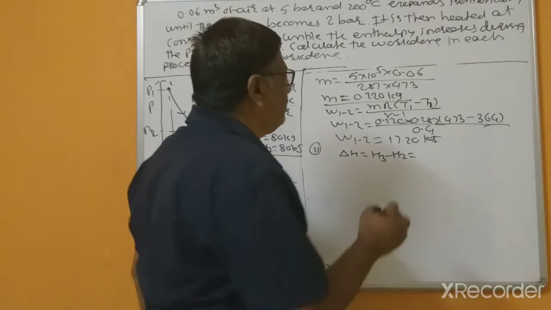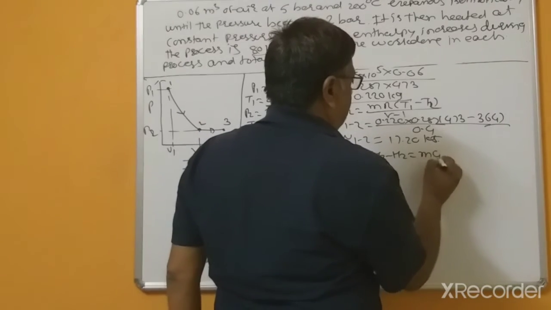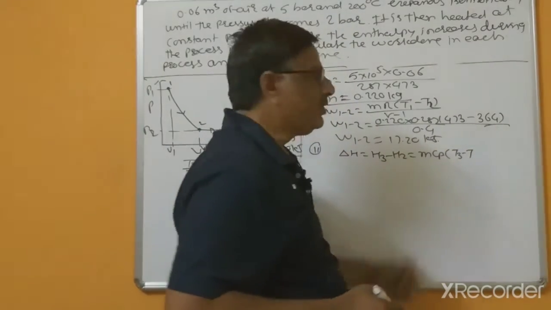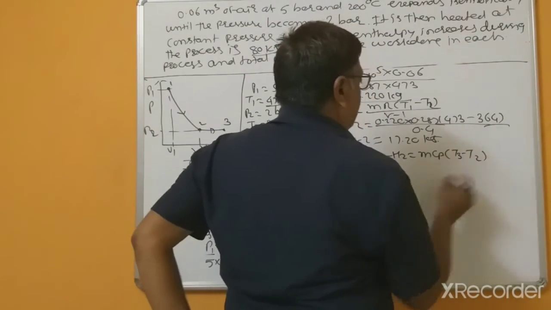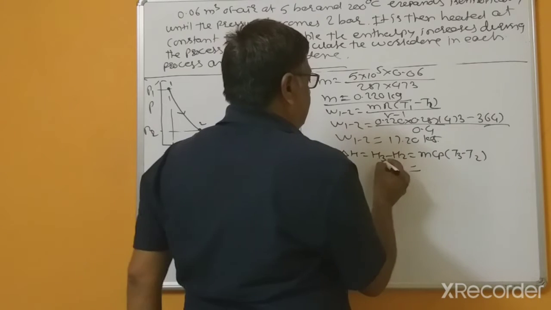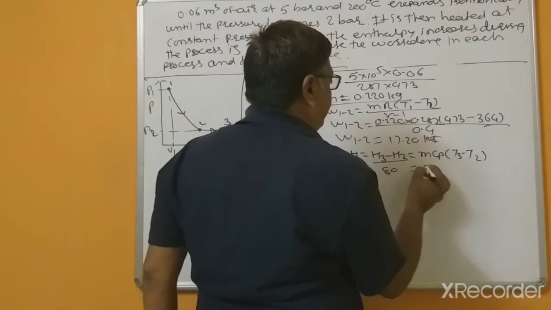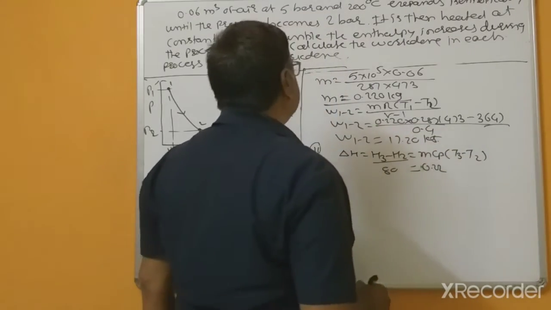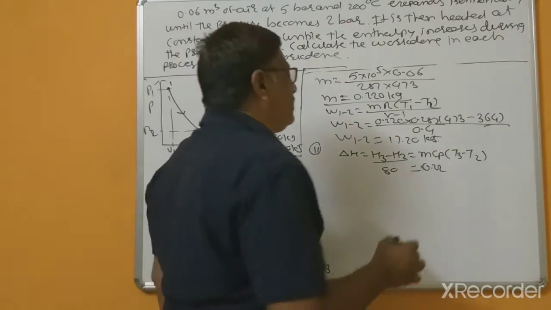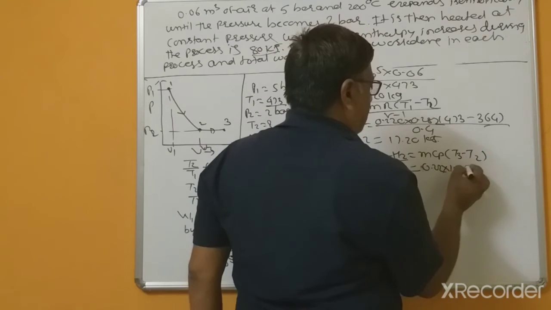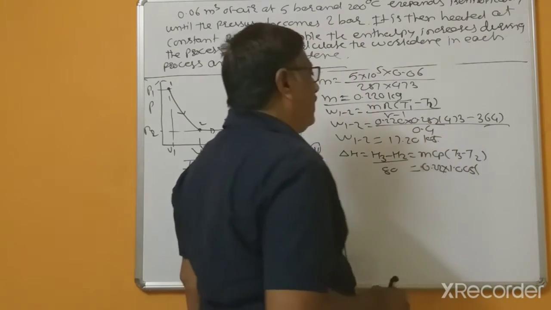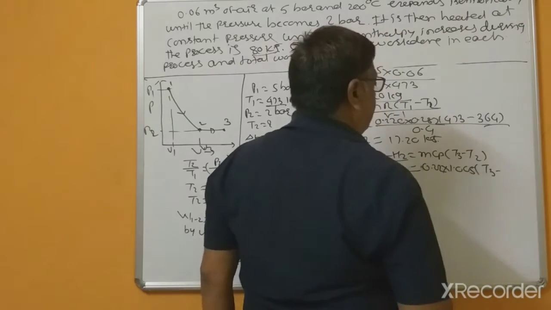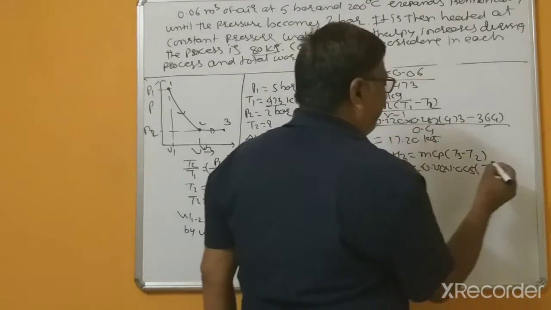Enthalpy comes as m into Cp into T3 minus T2, and this is given 80 kilojoule. This is m equal to 0.22, Cp 1.005, and T3 is to be calculated, T2 equal to 364.